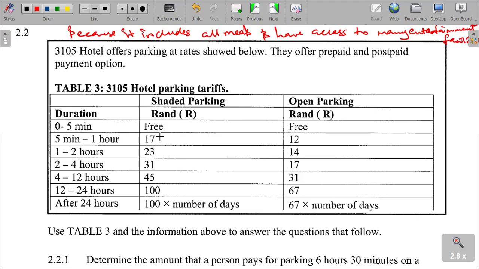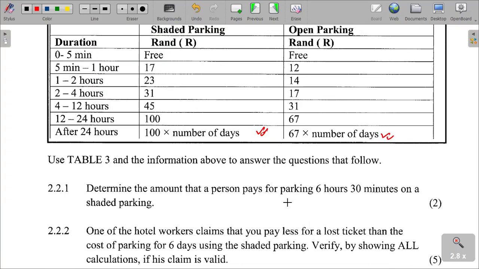Then 5 minutes to 1 hour is 17 rand, and the rates are given up to after 24 hours. Then after 24 hours, 100 times the number of days. Those are the amounts of money given in these conditions.